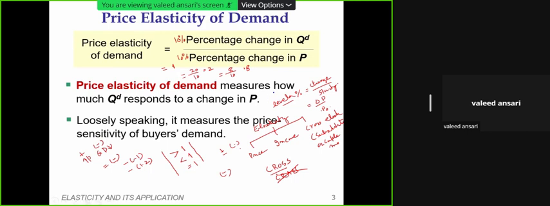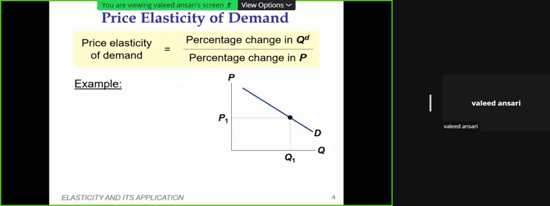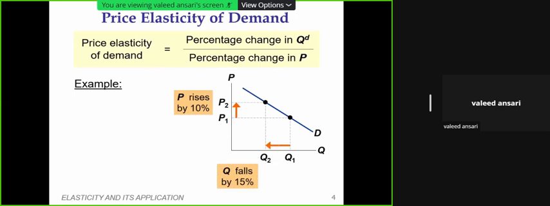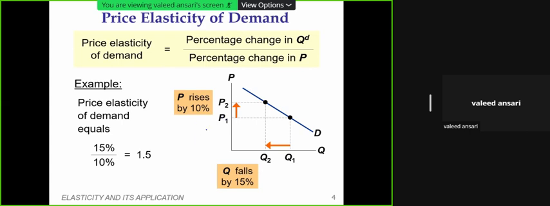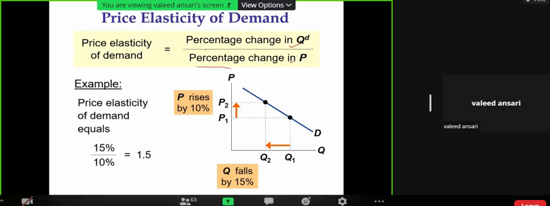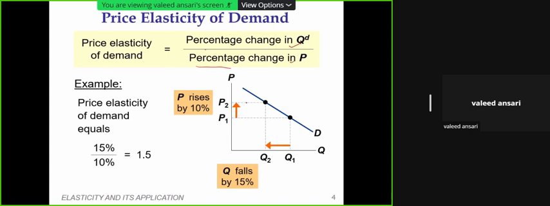So let us take an example to understand how we calculate and why the formula needs some change. For instance, in this example, please remember, in the numerator it is percentage change in quantity demanded. We have to find out the percentage, we will do it after a while.